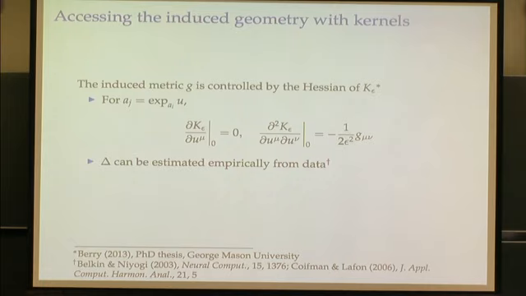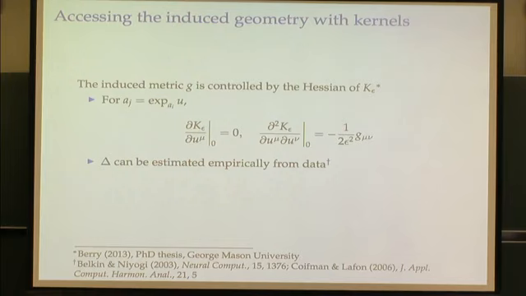It turns out that if we look at points in an exponential neighborhood around our base point on the manifold, and we take derivatives of our kernel with respect to these exponential coordinates, then these derivatives are proportional to the metric that gets induced on the manifold by a given kernel.